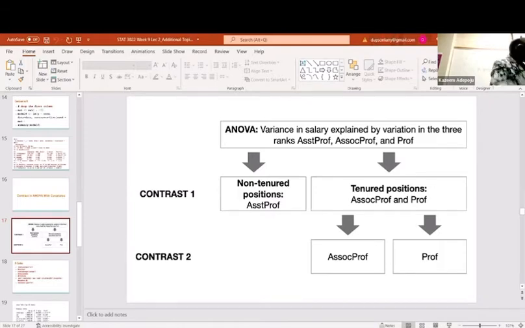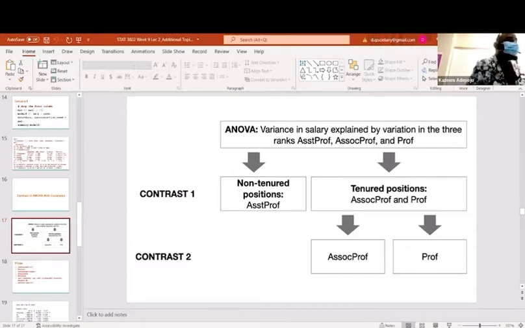Now, look at what the first contrast is telling us. The first contrast actually wants to compare. Let me first tell you this. Assistant professors are non-tenure positions. Associate professors and professors are tenured positions.